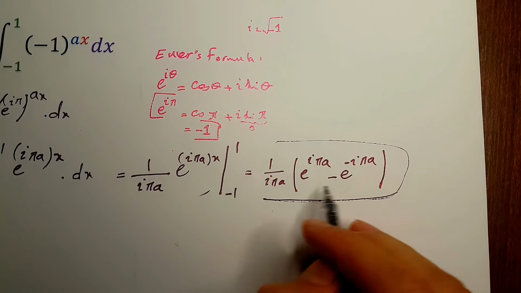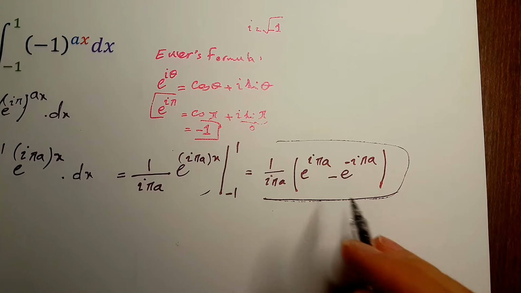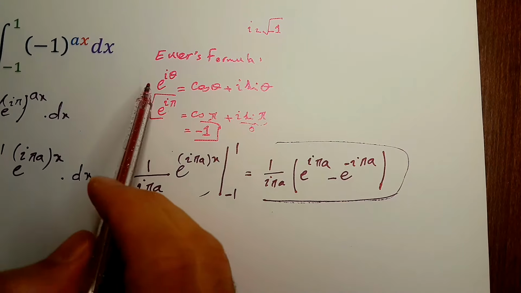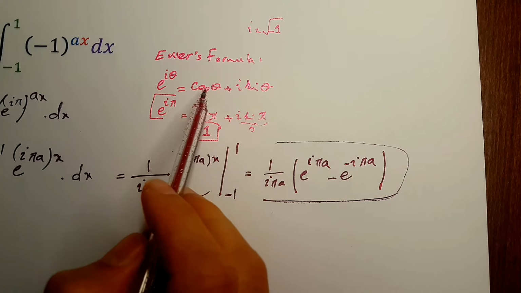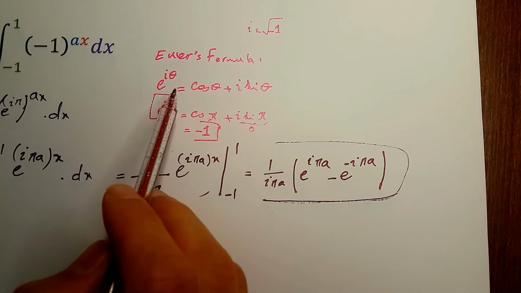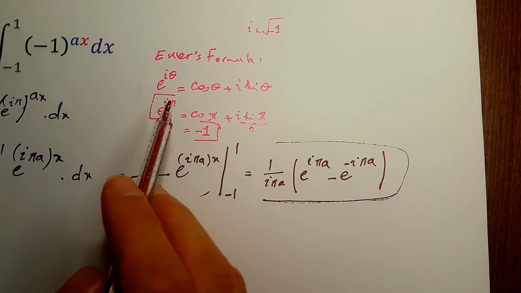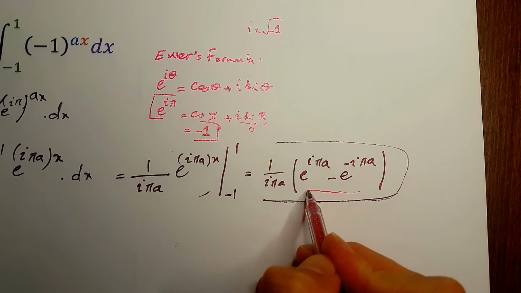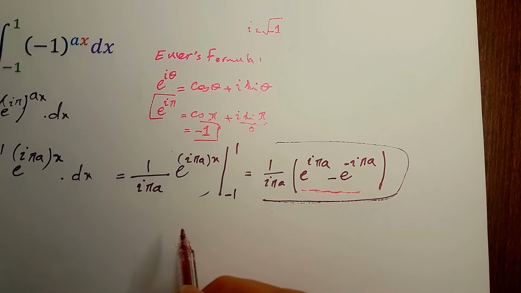But let's simplify this expression. From Euler's formula, if we multiply both sides by negative 1 and take the difference between them, you can find that this term can be expressed in terms of a sine function.